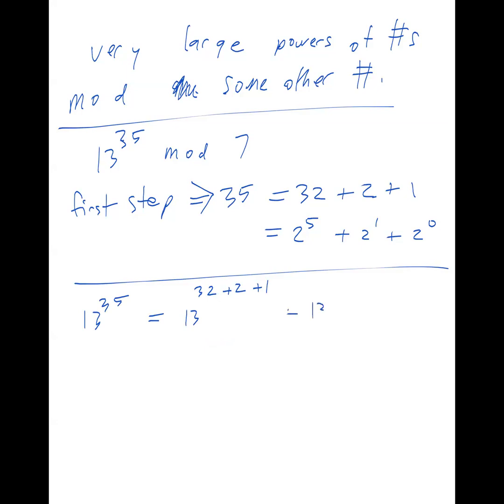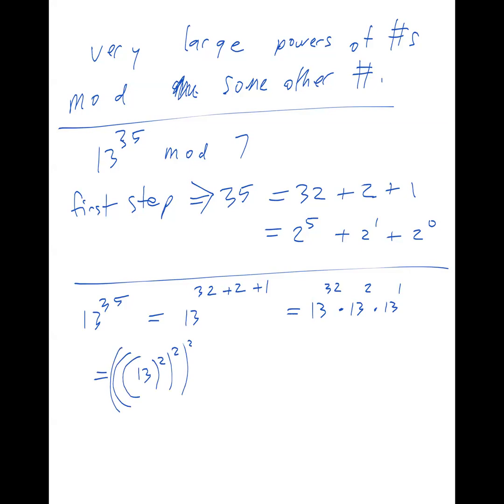And that's equal to 13 to the power of 32 times 13 to the power of 2 times 13 to the power of 1. Do you agree with that? And now I'm going to write each of those things as powers of 2. Now, what is 2 times 2? That's 4, right? And then what's 4 times 2?